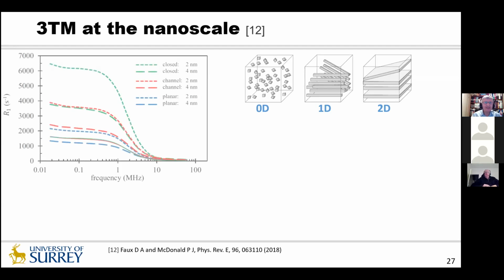Look at this. This is one excerpt from the paper down below, 2018. And what you're seeing here, again, dispersion curves predicted, because there was no experimental data to compare with, for planar, channel, and closed pores at 2 and 4 nanometers.